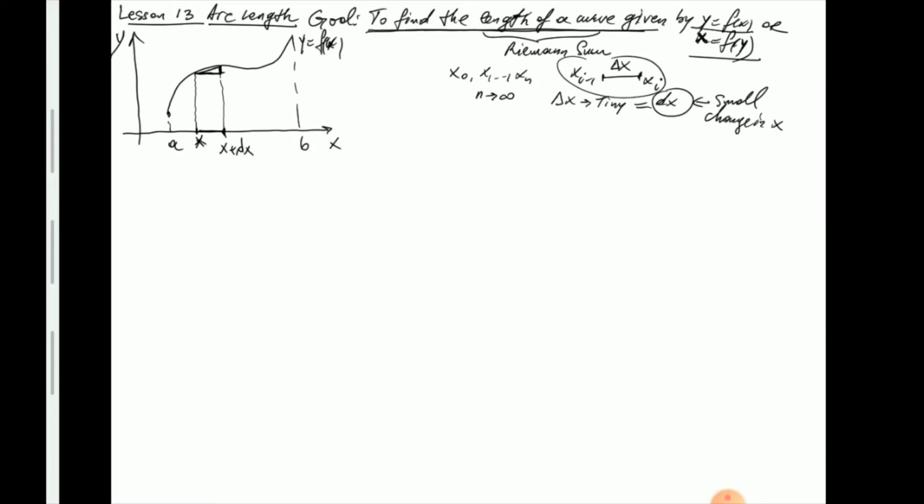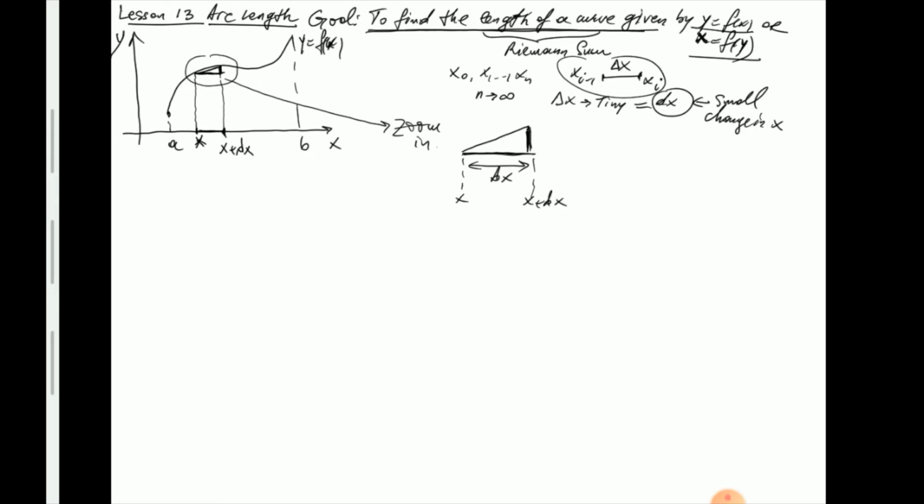So to be really clear on what we're trying to do here, I'm going to sketch this little triangle separately and at an exaggerated size. So imagine you zoom in on that little piece. What you should see there is a right triangle with this side being of length dx, because it's the change between x and x plus dx.